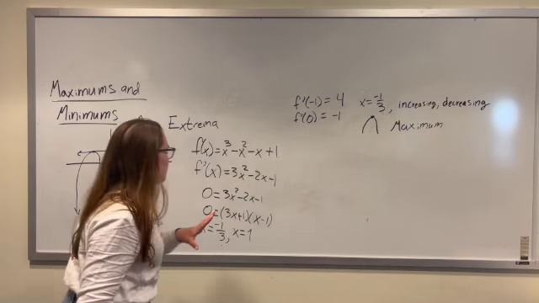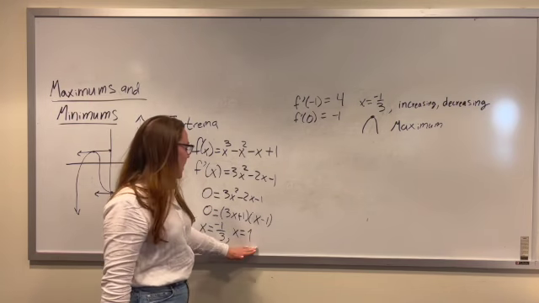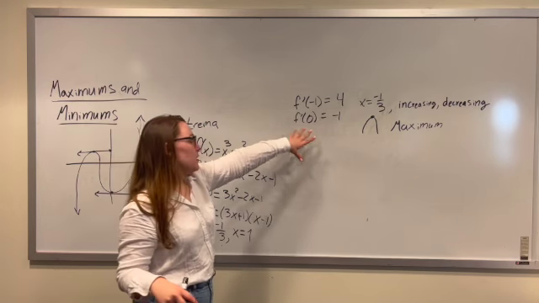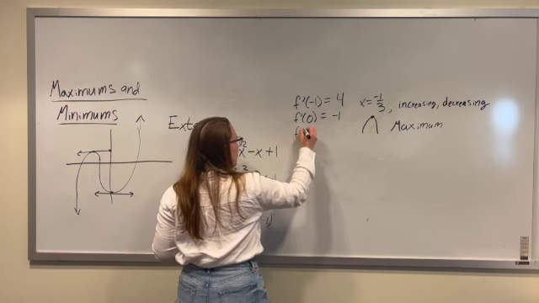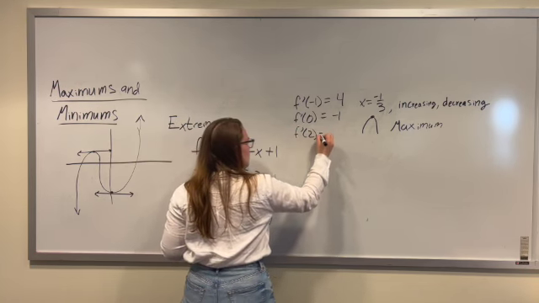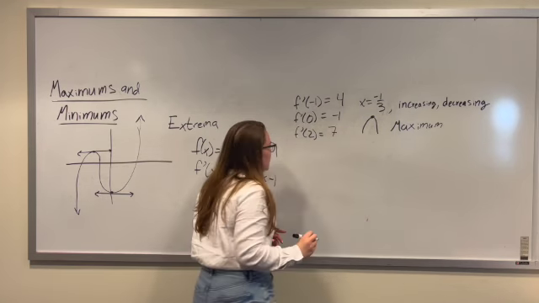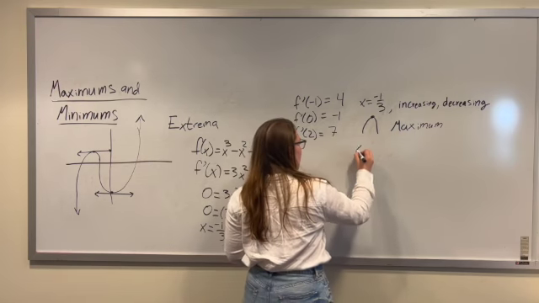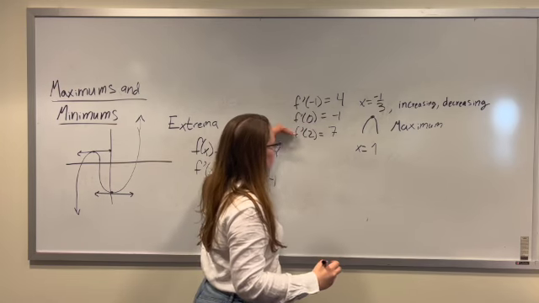All right, and then we're going to do the same thing for x equals 1. You're going to choose a value before and a value after x equals 1. We've already calculated a value before, that's f prime of 0. So we're going to look at f prime of 2 to see what happens after this point. f prime of 2 is 7, which is a positive number, which means that for x equal to 1, we have decreasing, then increasing.